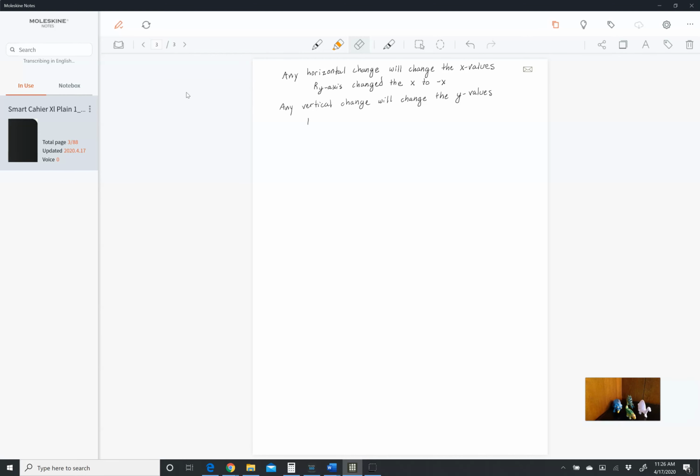And in this case, what that means is, instead of just saying the y to negative y, because we're working with functions, we're going to say the f of x to negative f of x. Because remember, f of x is y. And this statement is true for every single transformation.